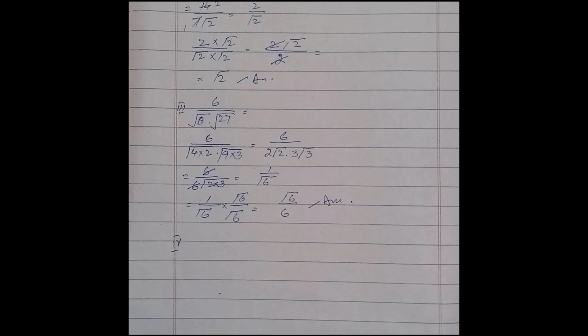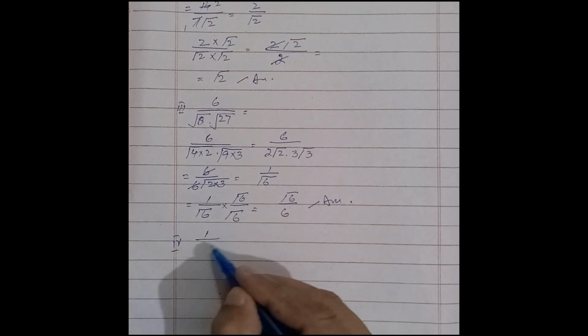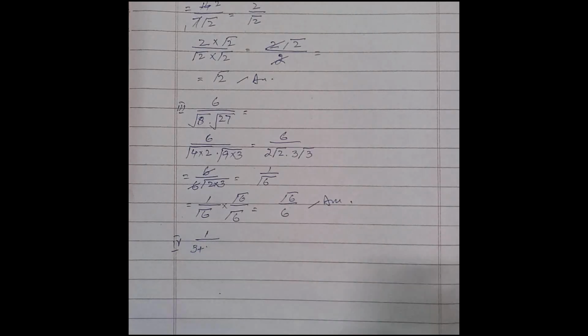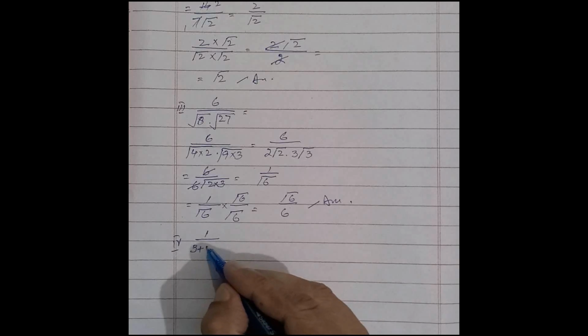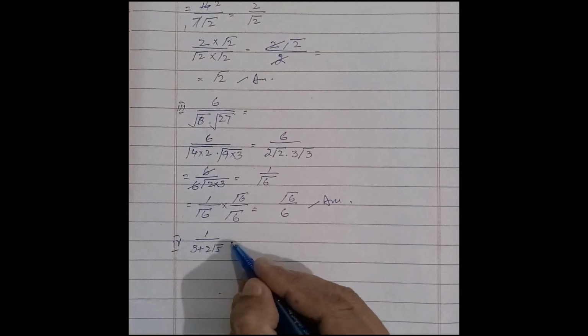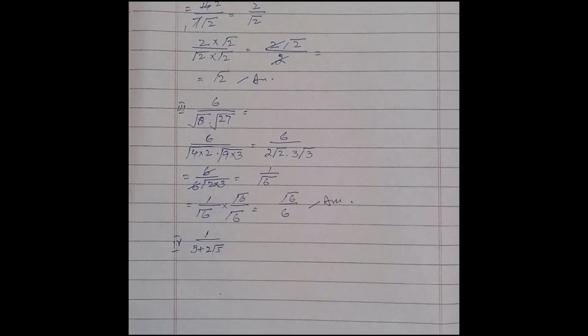The fourth part is 1 over 3 plus 2 into square root 5. To simplify the denominator, we multiply with the conjugate, which is 3 minus 2 square root 5.